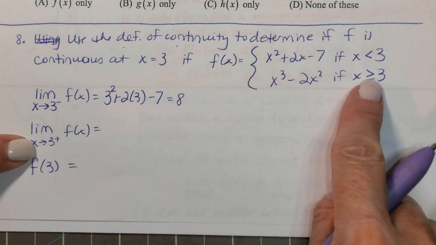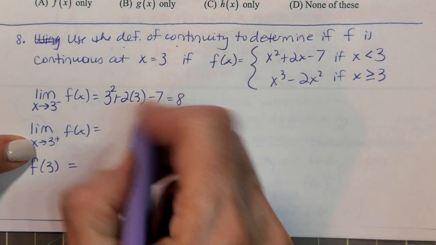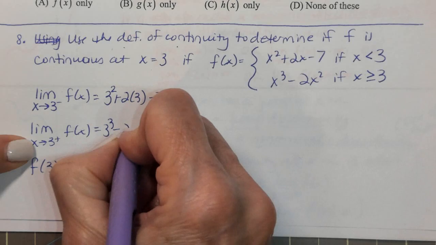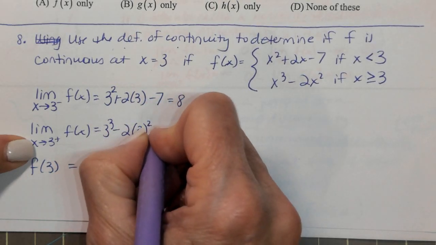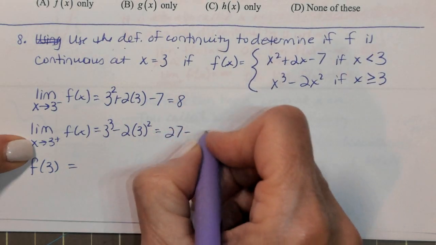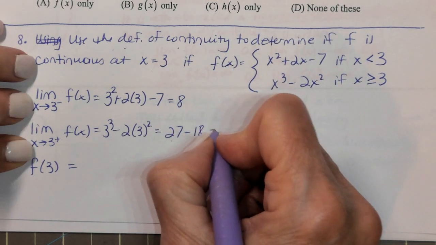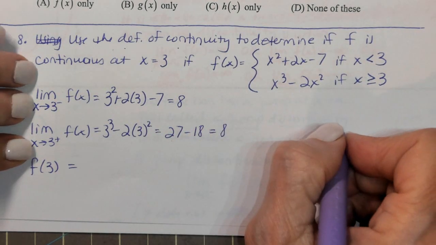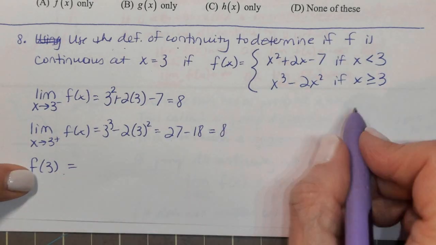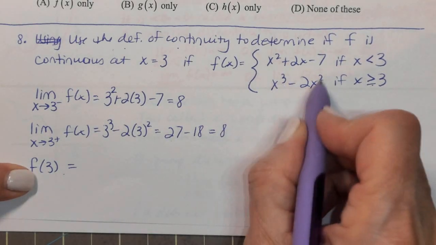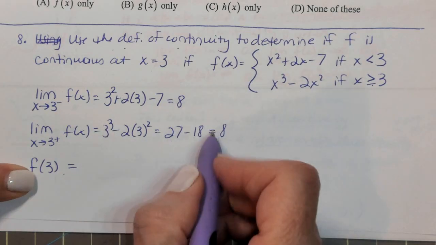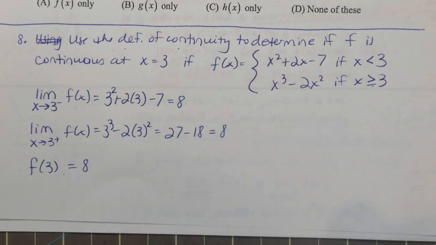Now we're using the right side of 3. That is 3 cubed minus 2 times 3 squared. That is 27 minus 2 times 9, which is 18, and that is also 8. What is f of 3? f of 3 is using this bottom equation, which we already figured out was 8, right?